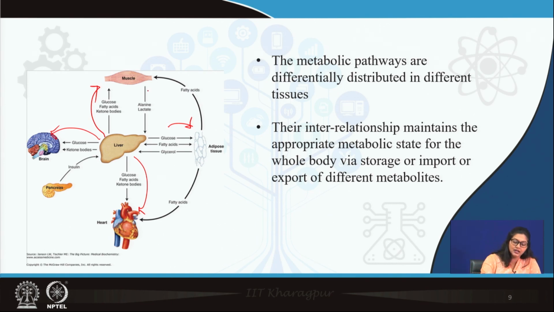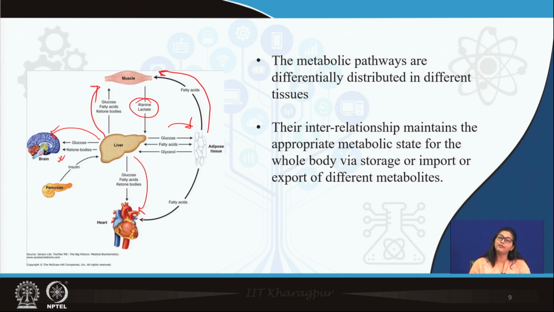You can see muscle supplies lactate, alanine to liver, that is our glucose alanine cycle. Then adipose tissue can exchange fatty acid with muscle also. Brain can exchange ketone bodies with liver. Then heart takes nutrients from liver. So, that is integration at the tissue level.